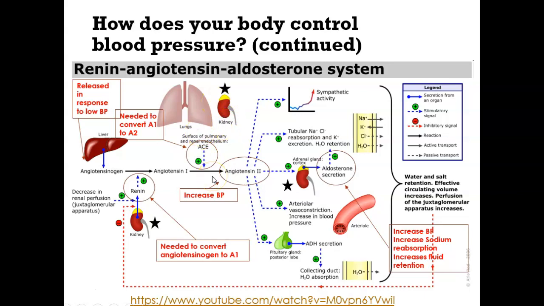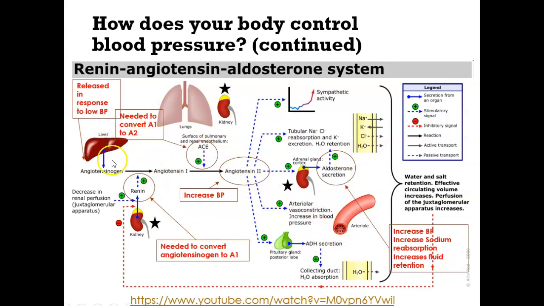The really big points to take home here, and this is reinforced in the video, is that there's lots of different areas and systems in the body that affect blood pressure, and we have different medications that come in at different places to affect the blood pressure. So we have ACE inhibitors, calcium channel blockers, diuretics, and all these different medications. And this helps you to put all the pieces together and understand.